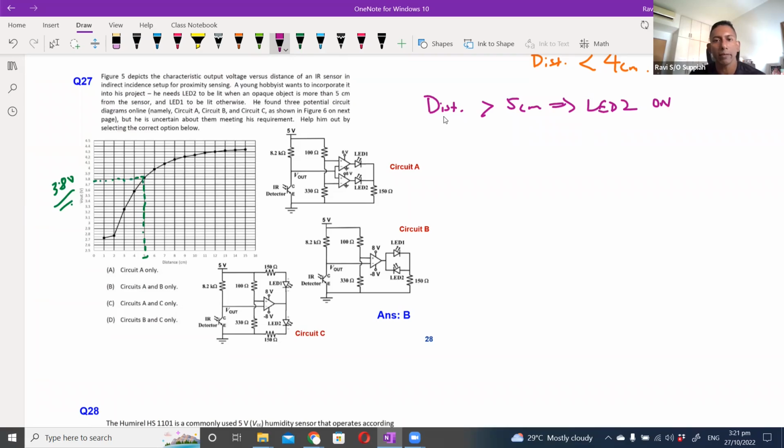So let's look at circuit A first and examine just one of the LEDs. Since we're interested in LED 2, let's look at LED 2.